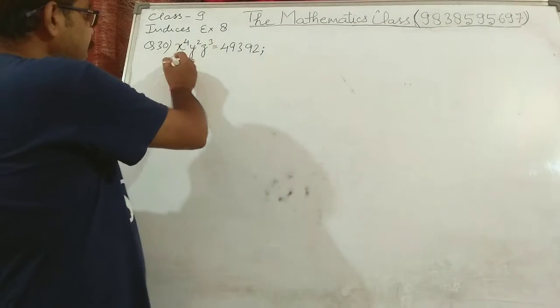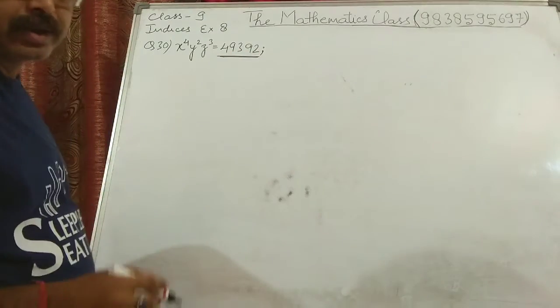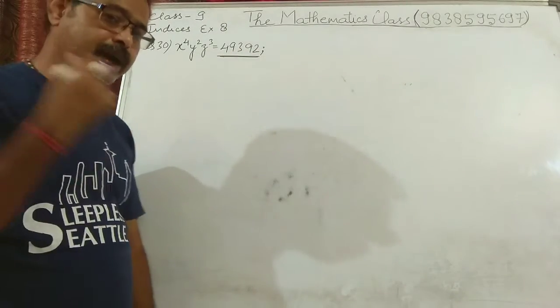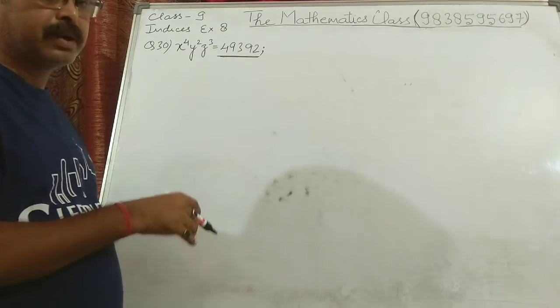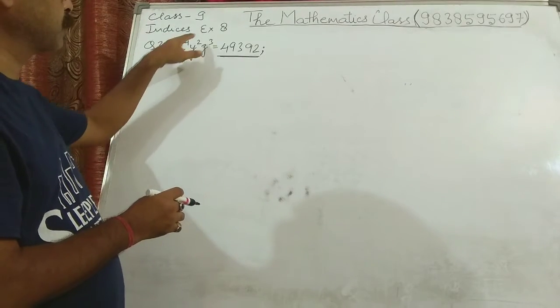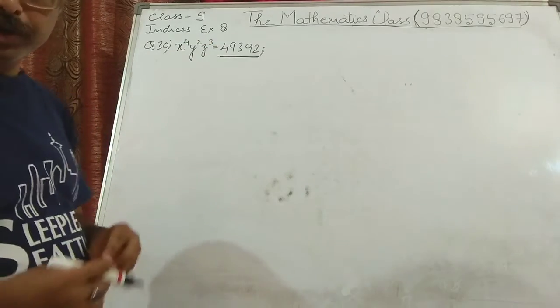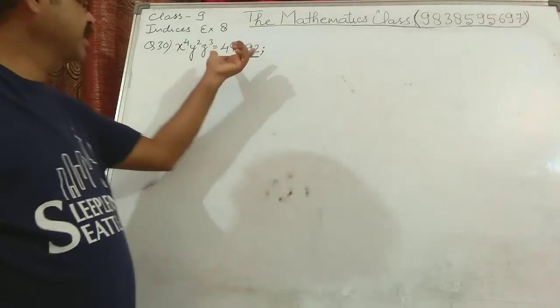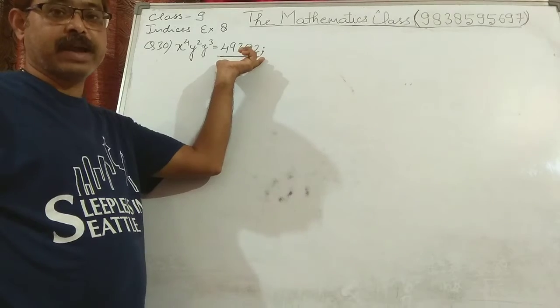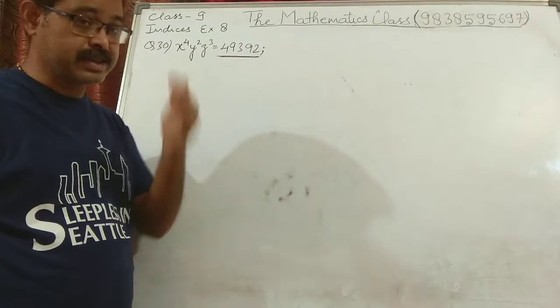So if the right hand side can be written as a product of prime numbers, then maybe we get something to the power 4, something to the power 2 and something to the power 3 of prime numbers. So in order to write this number in the form of primes, we need to factorize this.